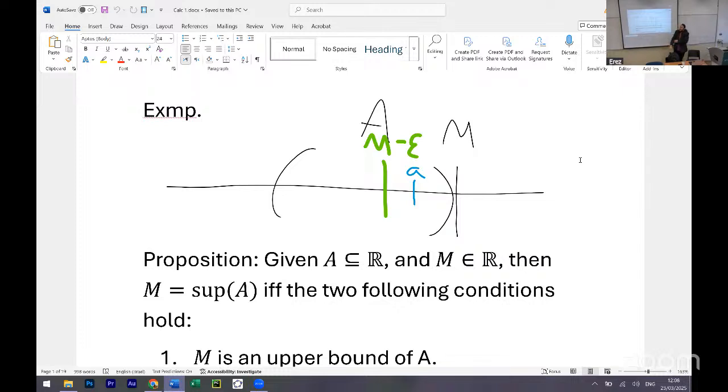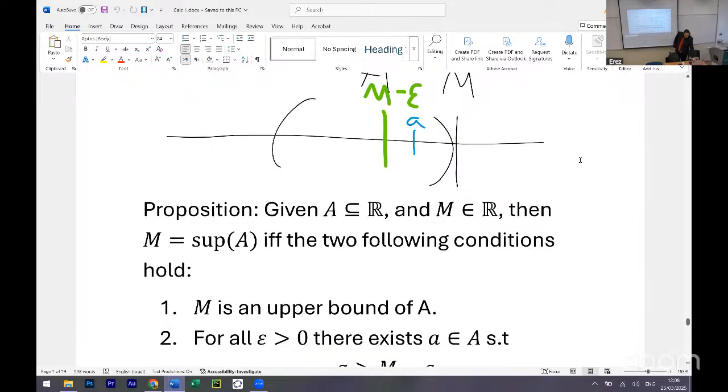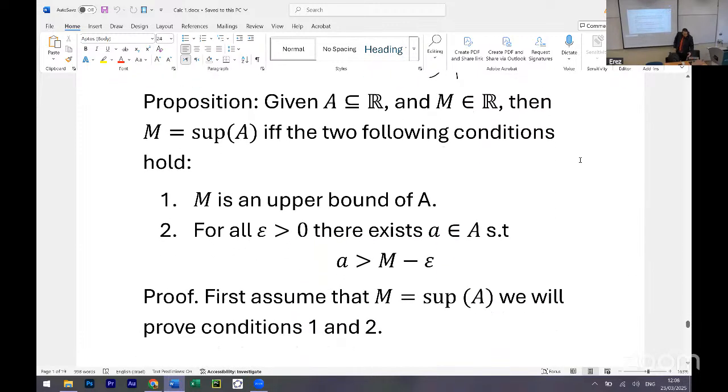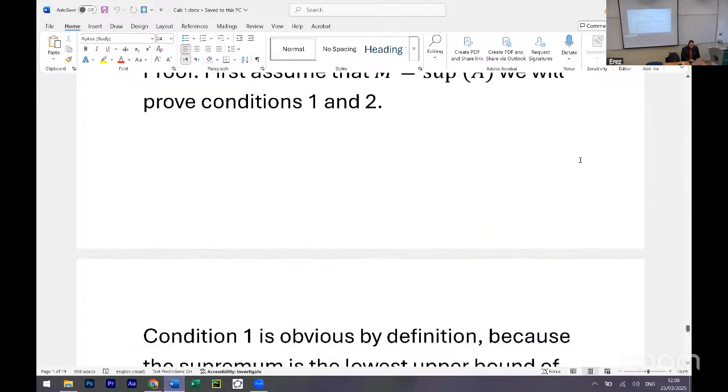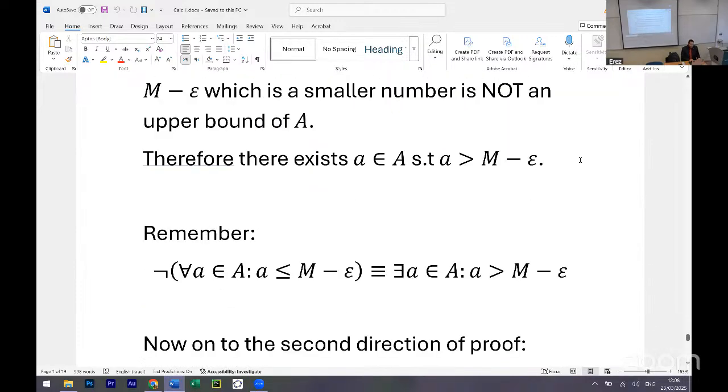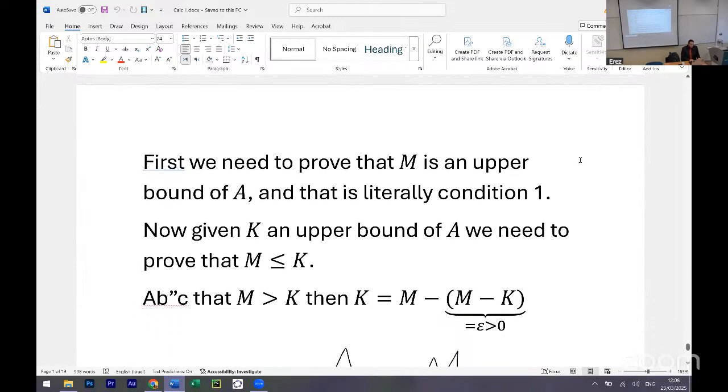And how can I say that a number is not an upper bound? If there's some element of the set which is strictly bigger than it. And that's the proposition we've learned, and our first look at the idea of the epsilon notation. And then, as I said, it will get worse. But that was the first thing, and we proved that it's equivalent in both directions.